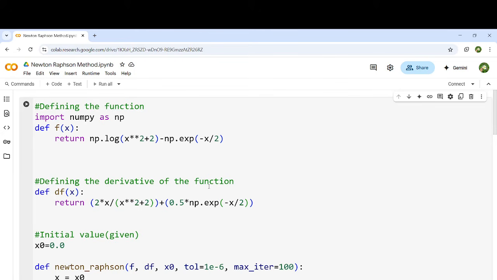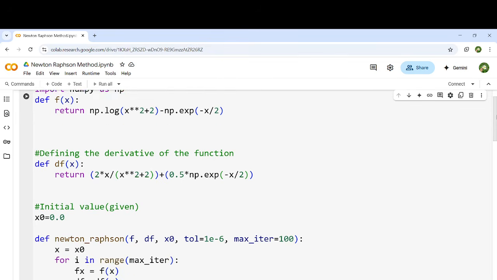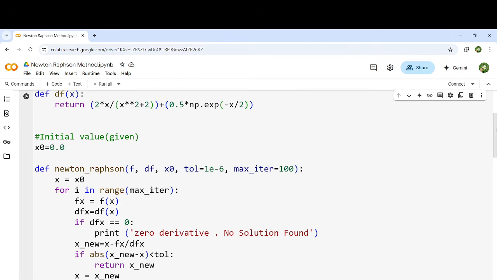Next I have defined the derivative of the function as def df of x, return 2x divided by x squared plus 2 plus 0.5 into np.exp of minus x by 2. Next I have written the initial value which is given in the question, x0 equals 0.